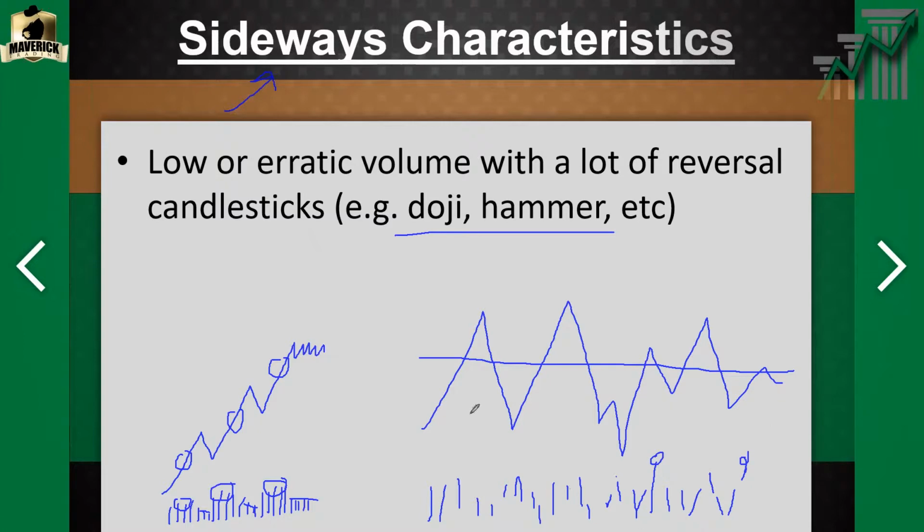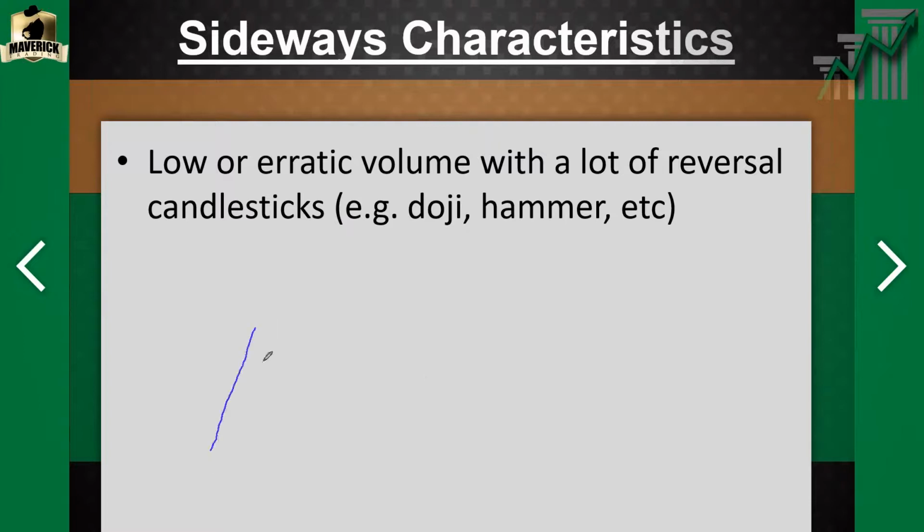It won't follow any normal behavior of supply and demand. Of course there are going to be spikes in volume on news events, but it's not breaking out of its range. It's just happening within that behavior. You'll also see within that erratic behavior a lot of dojis and things.